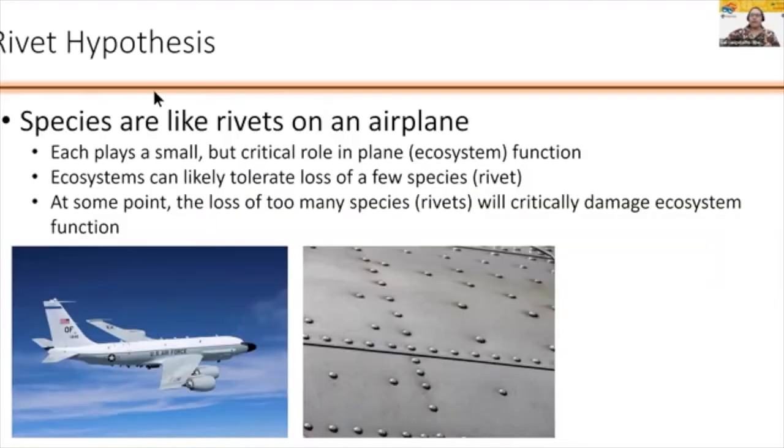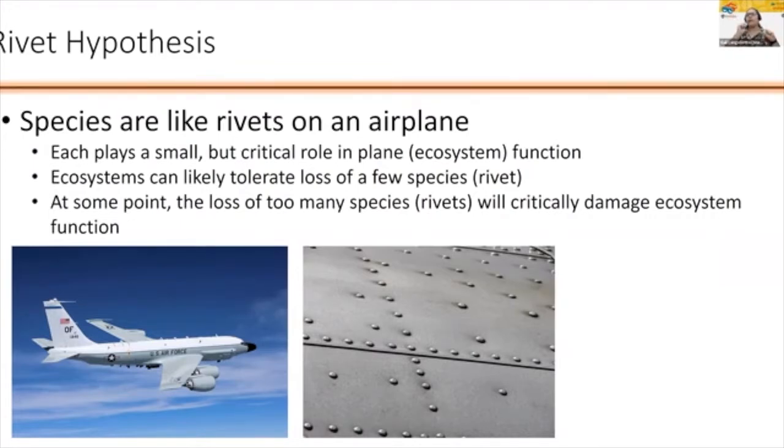The Rivet Hypothesis purports that just like rivets on an airplane, each individual species plays an important role in the function of the ecosystem. So each rivet plays an important role in the function of the plane. You can start popping one rivet off of a plane and it'll probably fly okay. You can pop off 2, 3, it'll probably fly okay.